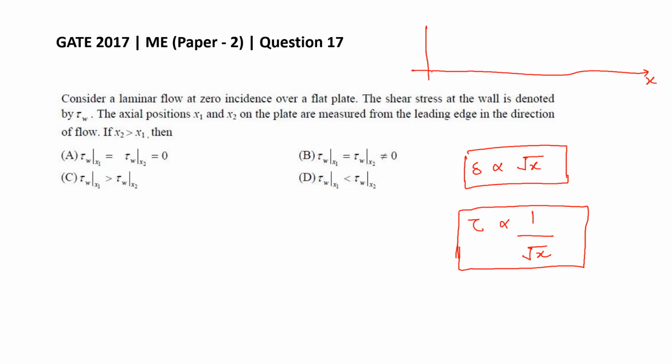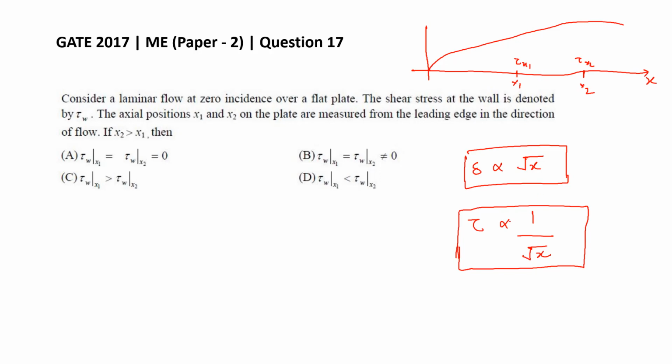So this is your x, this is your boundary layer, and somewhere here you will have x1, and somewhere here you will have x2. So would it be C, sir? Yeah, this is correct. Yeah, it has to be C. So here you will have tau at x1, here you will have tau at x2.